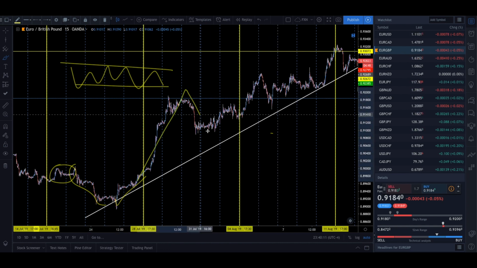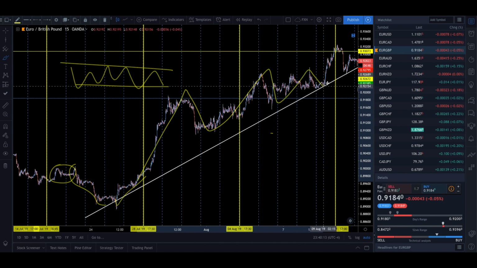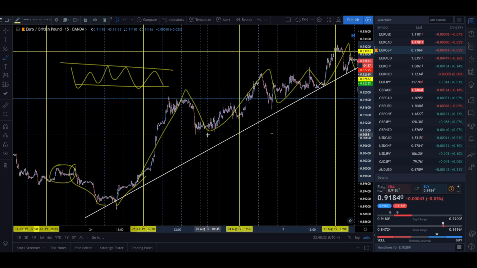Okay, and this is essentially the ones that are, I would say, more difficult to trade. If you're in a trending market, it's going in that particular direction, but the patterns aren't very clear a lot of the times.